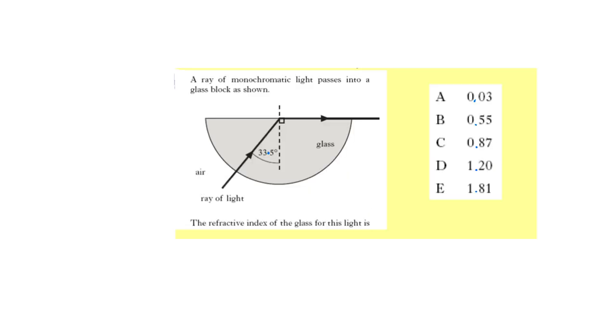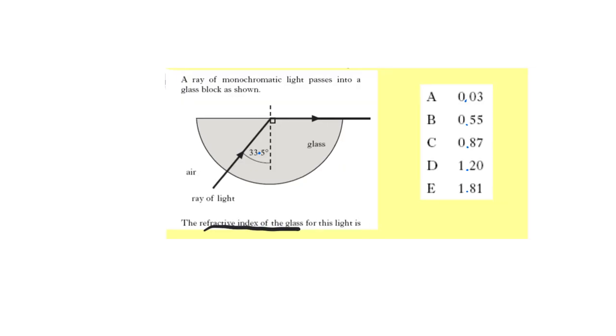For this problem, the refractive index of the glass, okay, so it starts out in the air, but really I'm looking at the glass. So this would be the critical angle if the angle of refraction is 90 degrees, which it shows it to be in the problem.